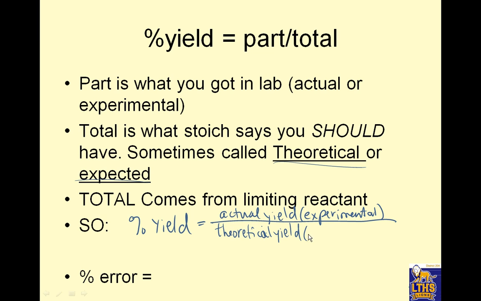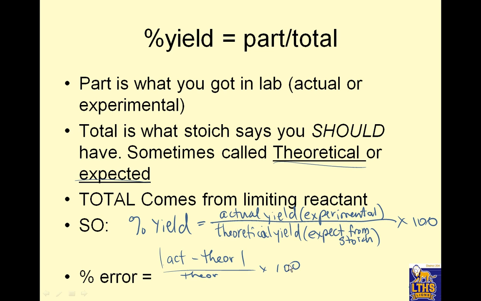That's what you expected to get from stoich. But again, it's part over total. Part is from the lab, total is what you think you should get from stoich. Okay, how is that different than percent error? Percent error is actual minus theoretical, and we'll absolute value that, over theoretical, times 100. Okay, so percent yield is what you get. Percent error is how far off from what you get.